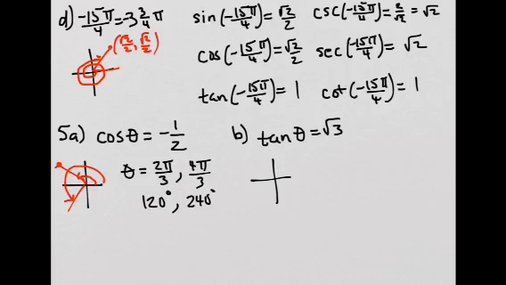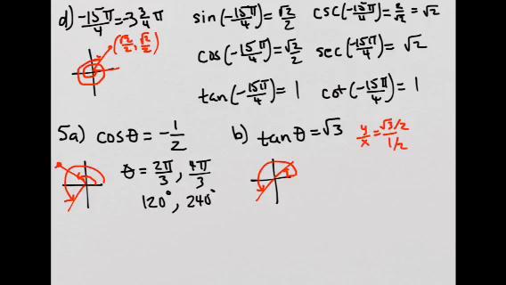For letter B, tangent theta is radical 3. So we know that the tangent is positive here and here. So we're looking for this angle, and then we're also looking for this angle right here. So remember, tangent is y over x. So that means it's radical 3 over 1. But remember, this came from the unit circle, so you had a 2 as a denominator.